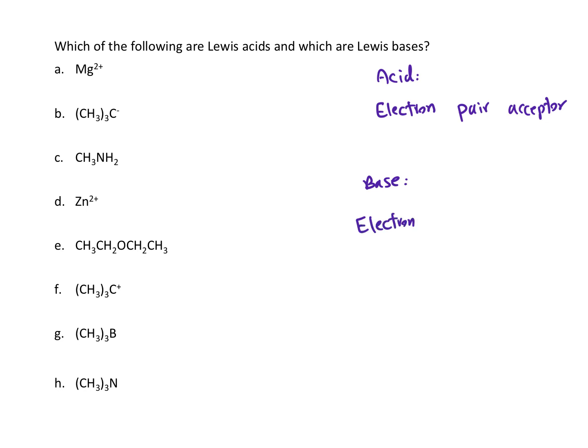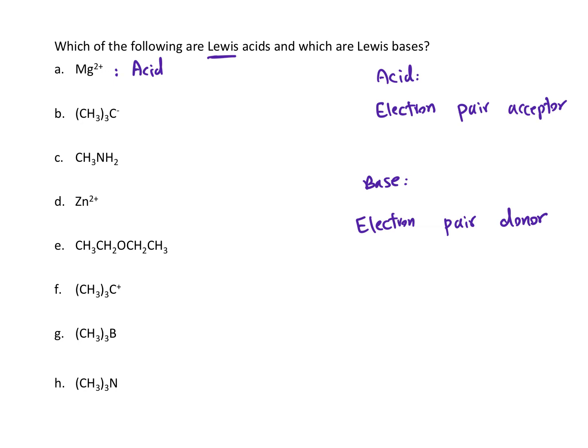Exactly. Donor. Okay, so Mg2 plus, do you think it accepts electrons or donates electrons? Accepts, right? It has a positive charge, so it's an acid. And we're talking in the Lewis context, so it's a Lewis acid.